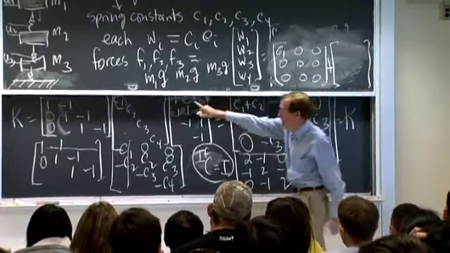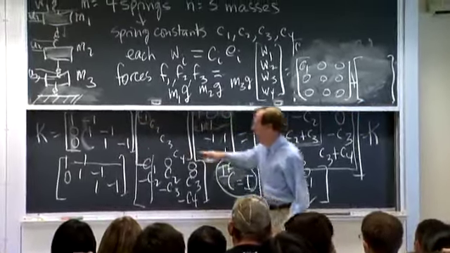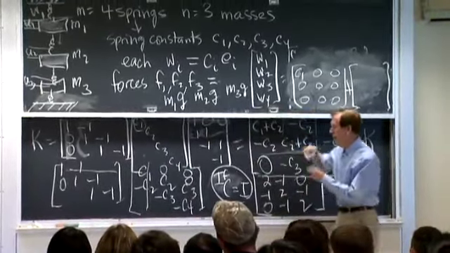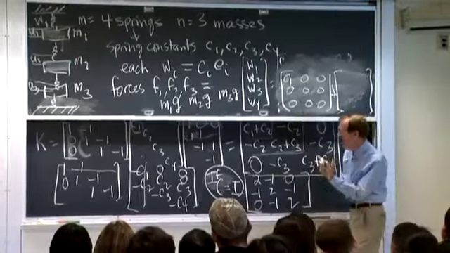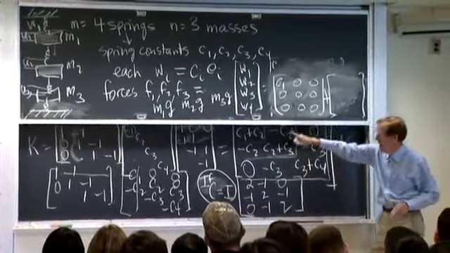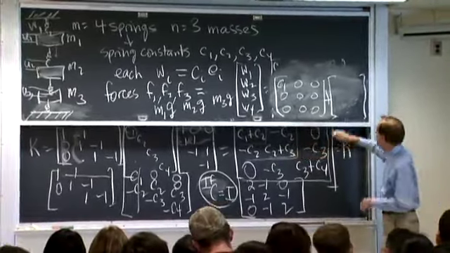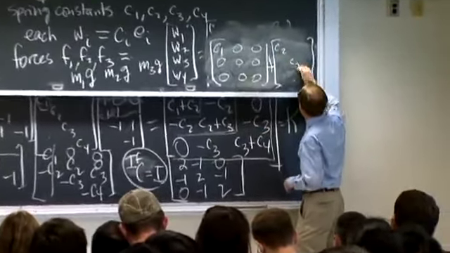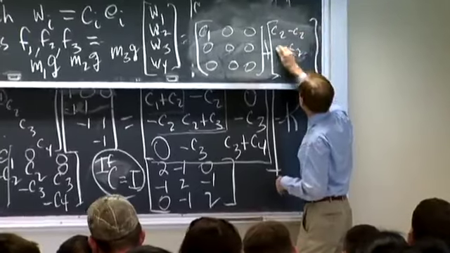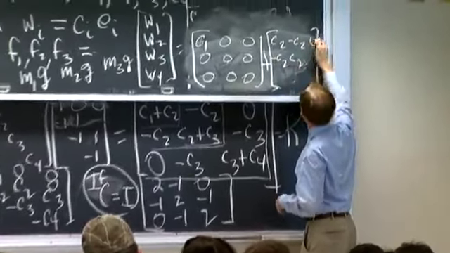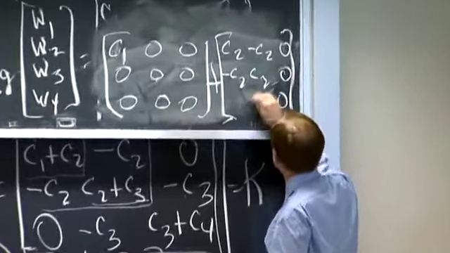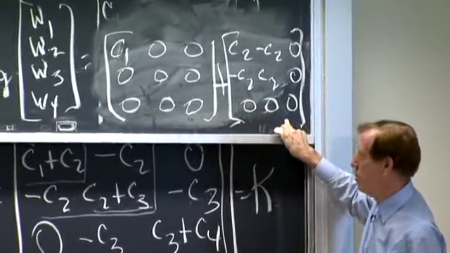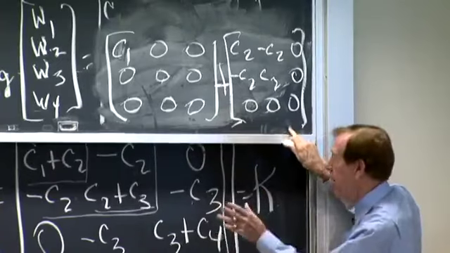What do I get if I do that column, 3 by 1, times itself as a row, times the C2? If you just do that, you'll see a C2 will appear here, and a minus C2 will appear there, and these will be zeros. So this was column 1 times row 1. This is column 2 times row 2. Then we've got the third and the fourth.